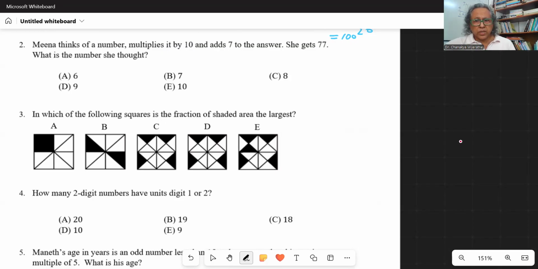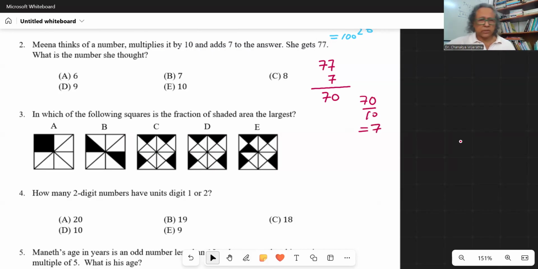So if we subtract 7 from 77, which is 70, that must be the answer she got by multiplying the number she thought of by 10. Now let's reverse that action by dividing 70 by 10, and that is 7. So she must have thought 7, right?